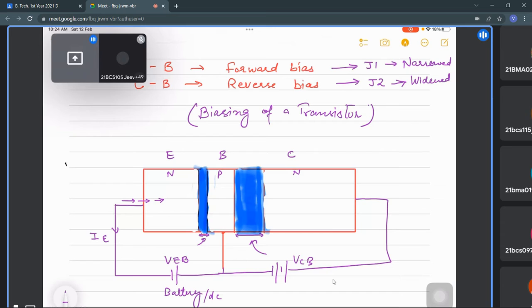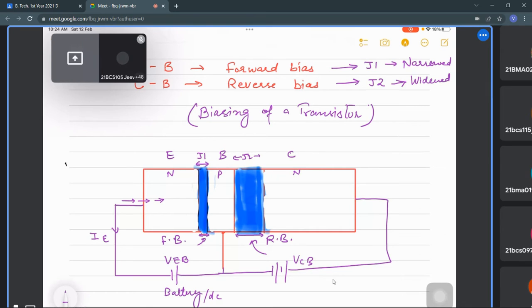Okay, so more electrons are moving inside this, and the depletion width of junction J1 is being decreased as it is forward bias. Okay, forward bias, and this is a reverse bias, right? So when there is forward bias at the emitter base junction, that reduces the barrier potential.